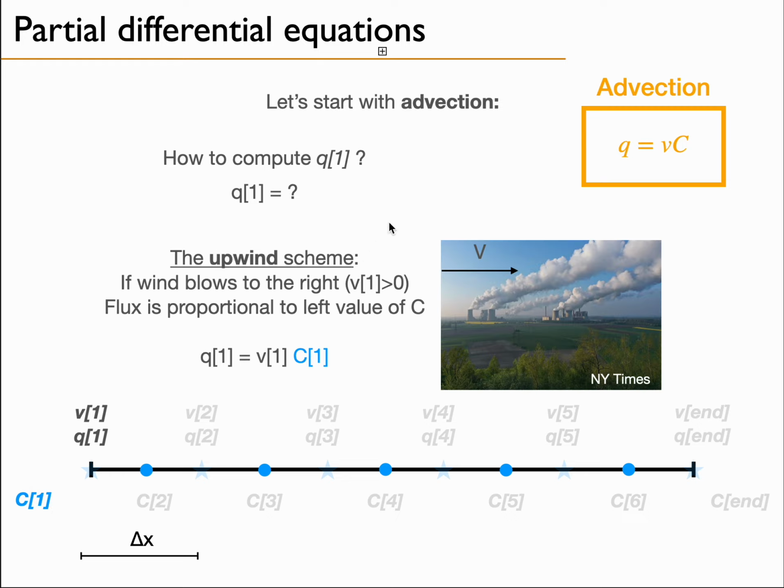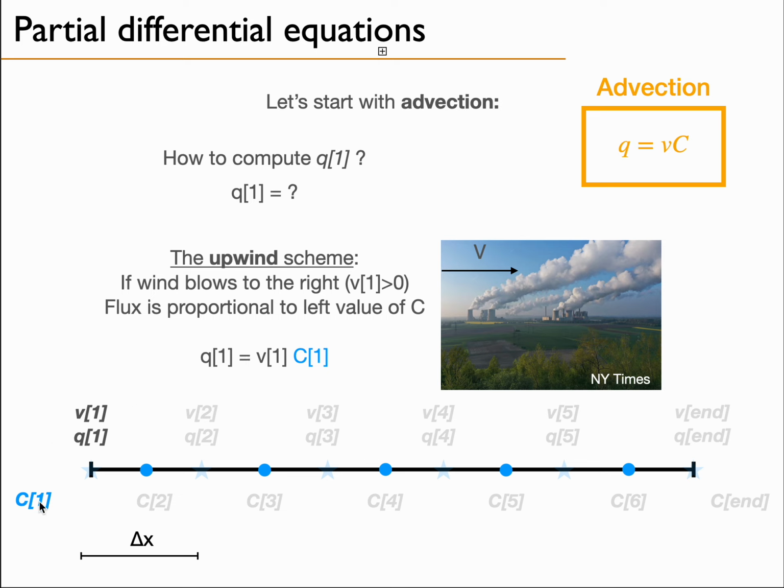So in this lecture, we'll use the upwind scheme. What is the upwind scheme? Upwind scheme means if the wind blows to the right, v is positive, the flux will be calculated using the left value of c. So if v is positive, q1 will be equal to v1 times c1.